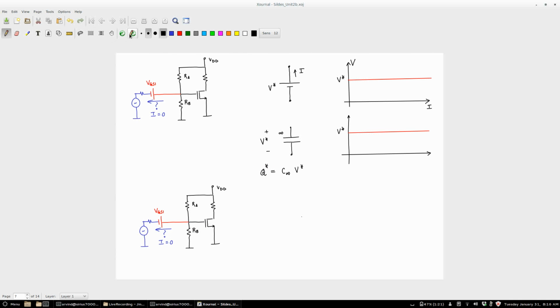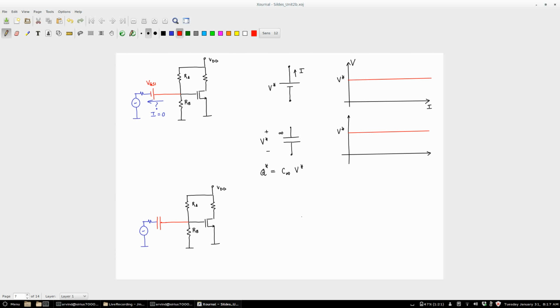Okay, so what do you think you can do with that? I can basically take this circuit and replace the battery with a nice big fat capacitor.